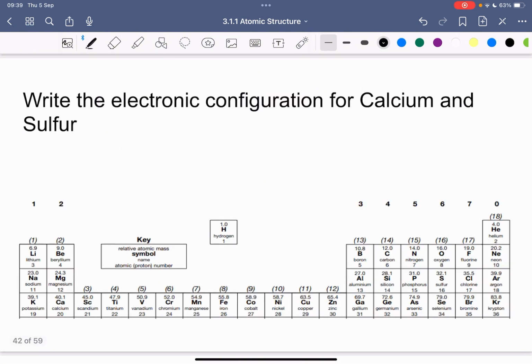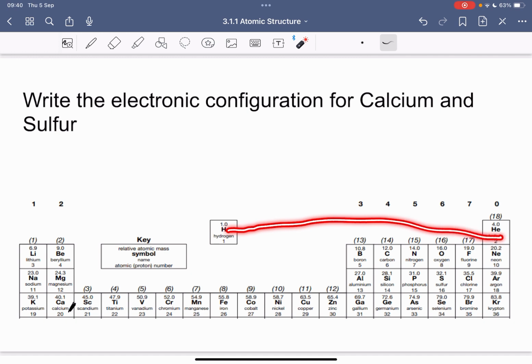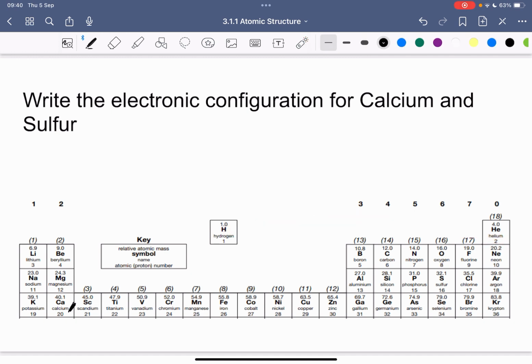Using this method, try to write down the electron configuration for calcium and sulfur. Pause the video and have a go. Alright, for calcium, calcium's right down here. First I go through these two, so 1s2.